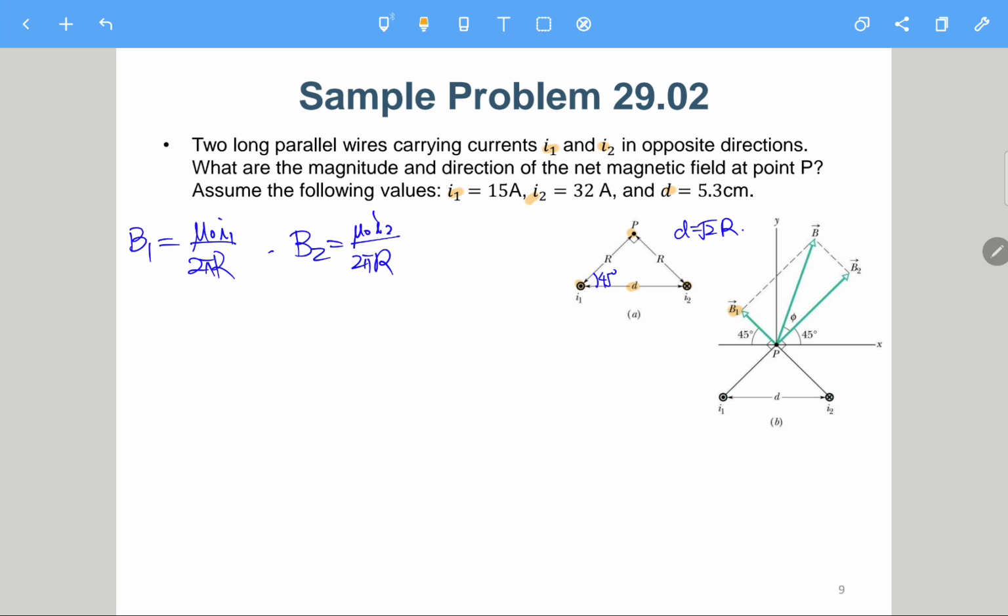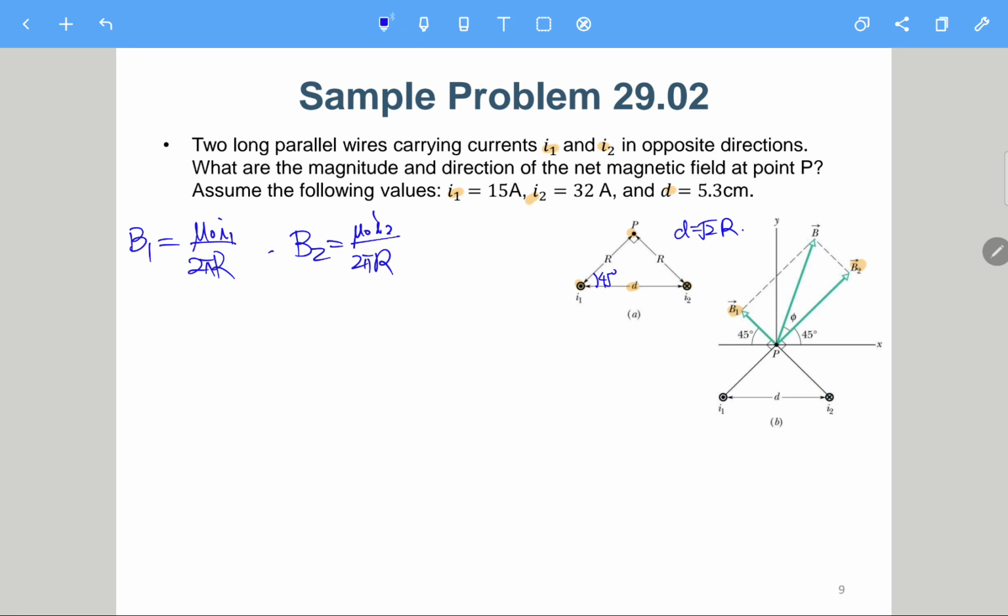Of course, the magnitudes of B1 and B2 are different, because mu 0 and 2 pi R are the same, however I1 and I2 are different. I1 is 15 A, I2 is 32 A. So B1 is shorter, B2 is longer.